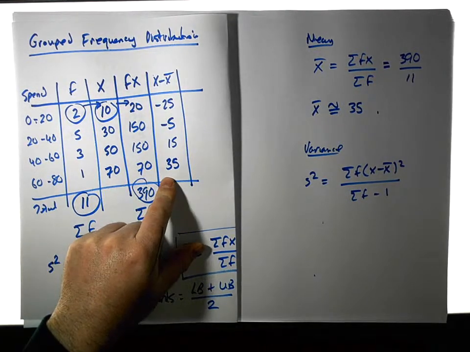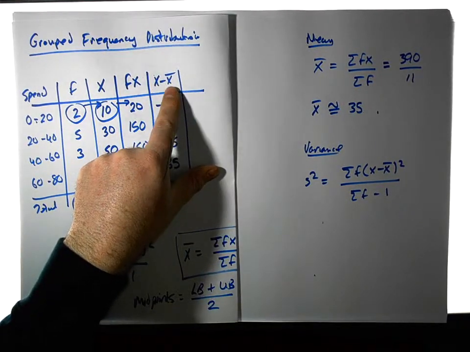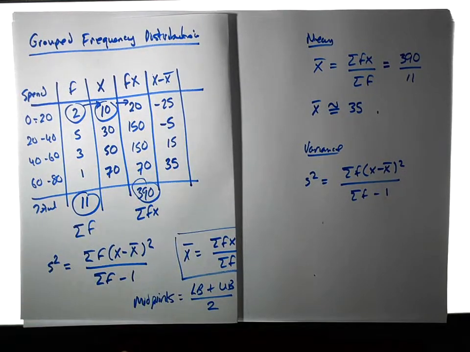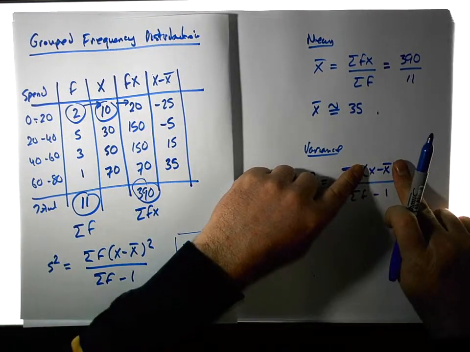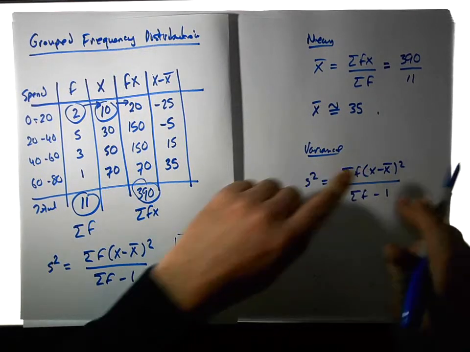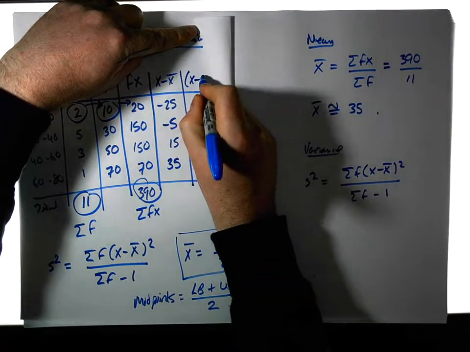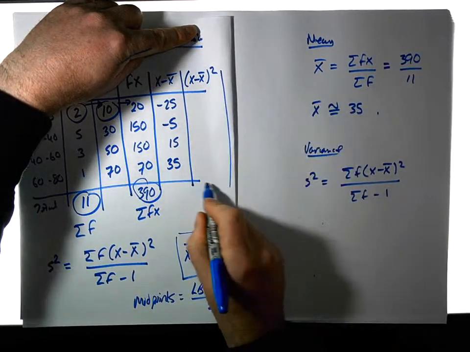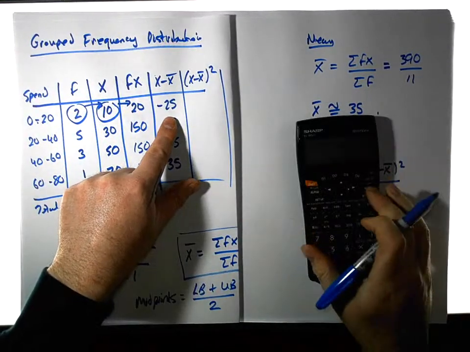So now what we have is the distance that the observations are away from the mean. Now we need to square them, because we have effectively this part of the formula here. So that's what we're going to do, X minus X bar squared. It's going to be 25 squared.